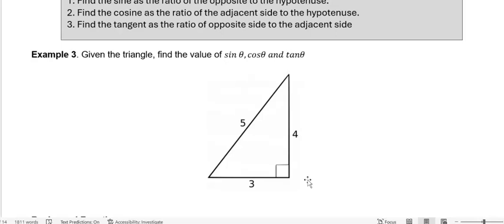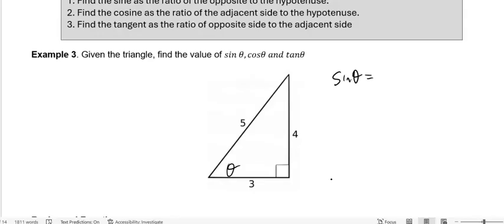Okay, let's do one. These are easy. Here's theta. Find some trig function values. What's the sine of theta? I get two definitions now: opposite over hypotenuse, or what I just told you, y over r, which we're not using in this one because I'm not in the xy plane.